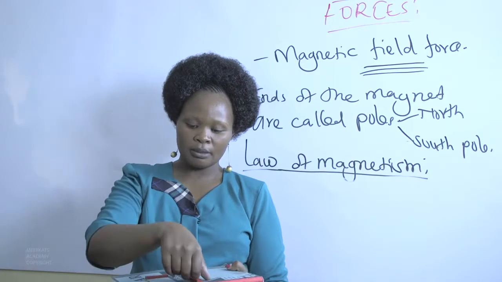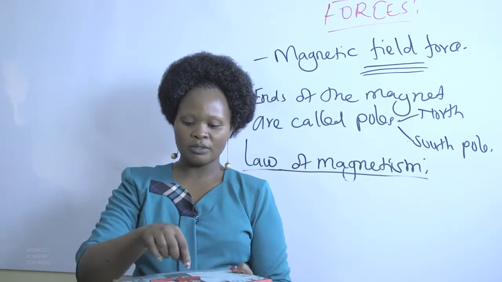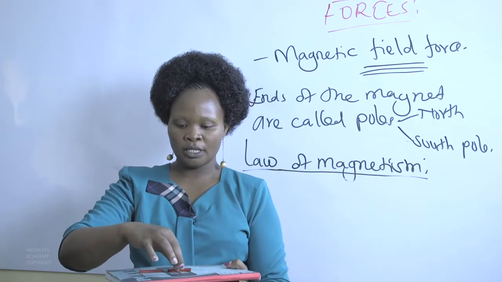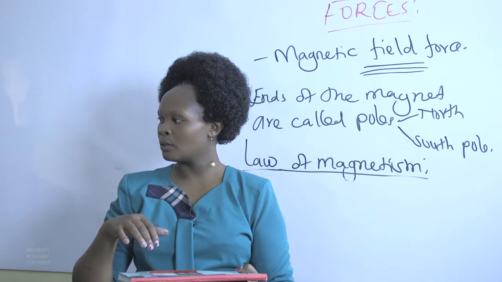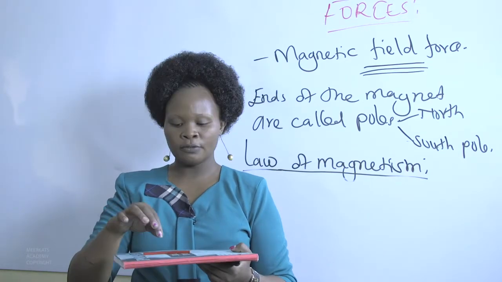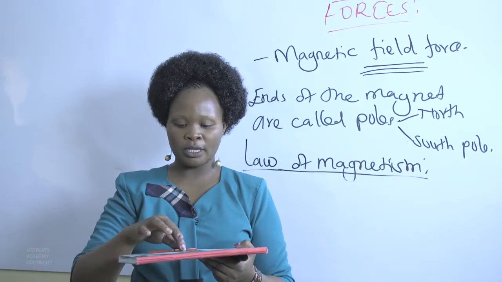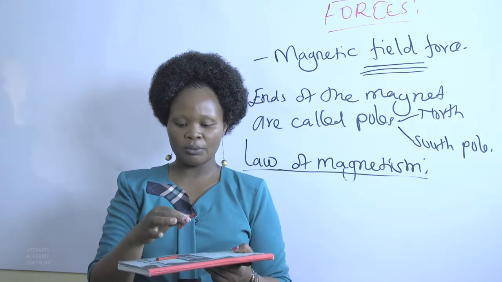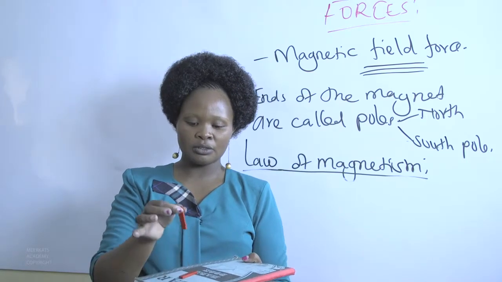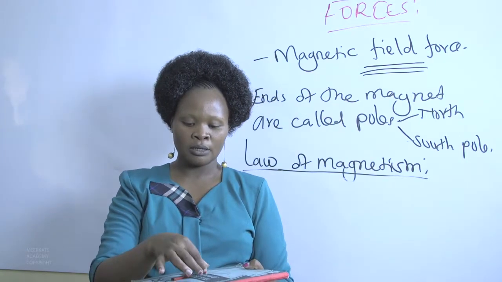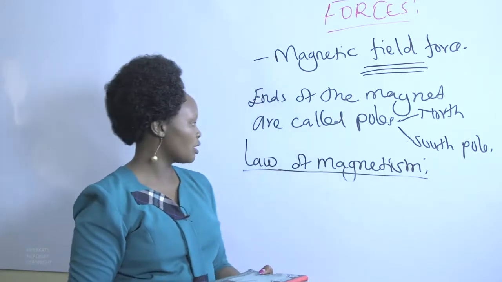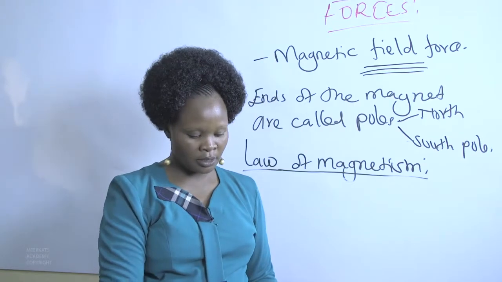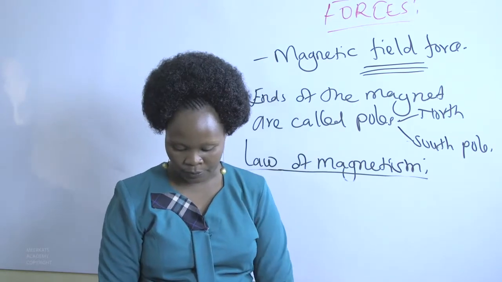The same case applies if I would reverse this other one. When different poles are brought close together, attraction is realized. Suppose I bring the south poles together, no attraction is going to be realized, which helps us to demonstrate that actually like poles repel while unlike poles attract.